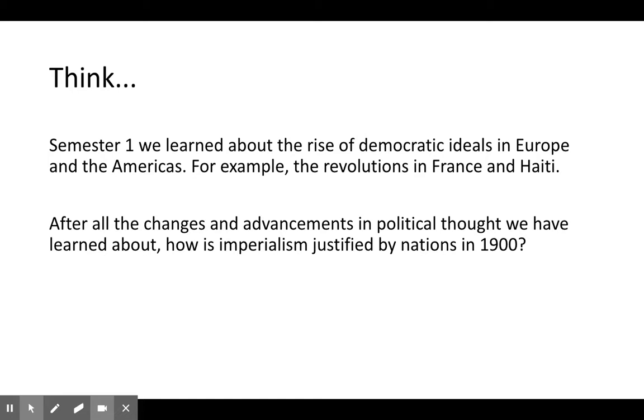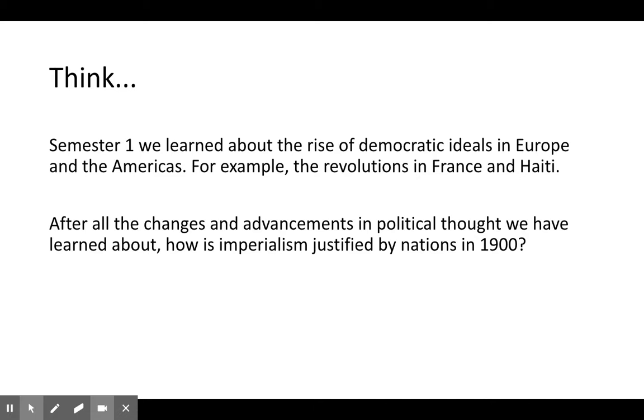So in semester one, we learned about the rise of democratic ideals in Europe and the Americas. For example, we learned about the revolutions in France and in Haiti. This idea that men are born with natural rights that shouldn't be violated, that really ultimately we're all created equal, that slavery is wrong.